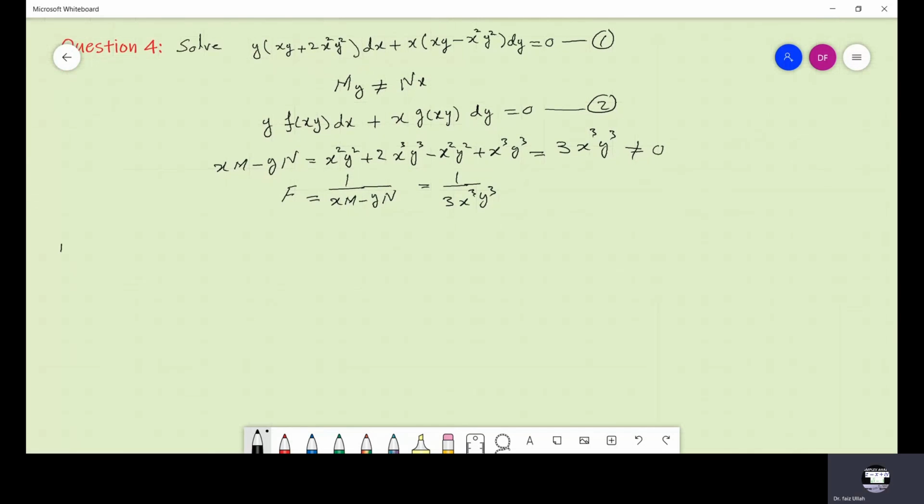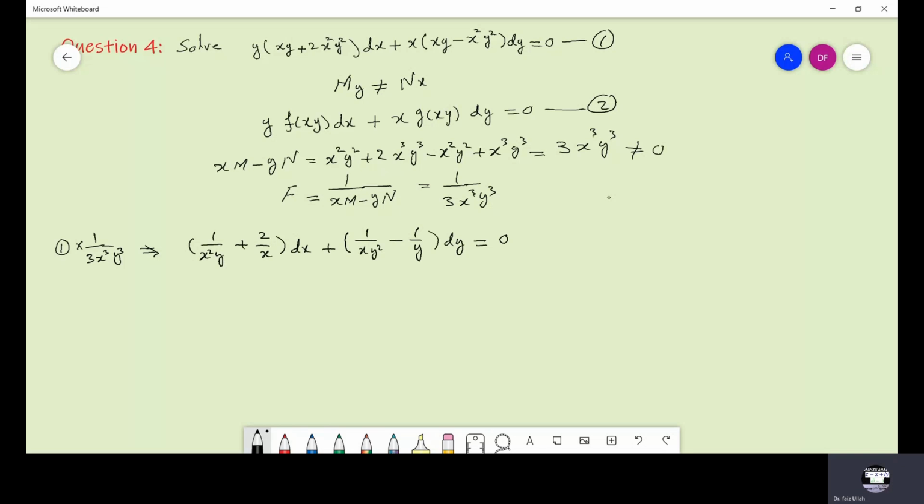So if I multiply 1 with the integrating factor, 1 over 3x cube y cube, we get 1 over x square y plus 2 over x, dx, plus 1 over xy square minus 1 over y, dy is equal to 0.